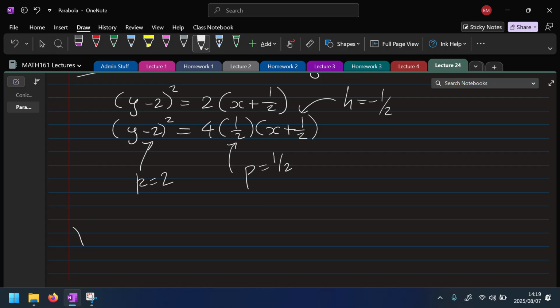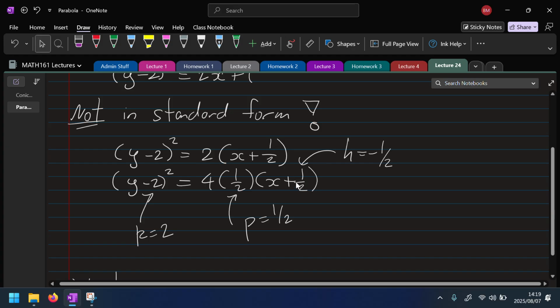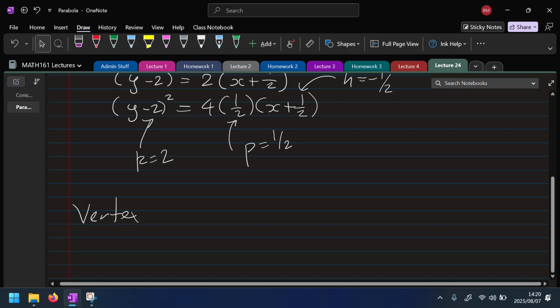Okay, so the vertex, what's that going to be? If we forget about the shifting, the vertex should have been at 0, 0. That was the standard vertex position. Now what did we do with it? We shifted it to the left by a half, and we shifted it up by 2. So we take 0, 0, left by a half, up by 2.